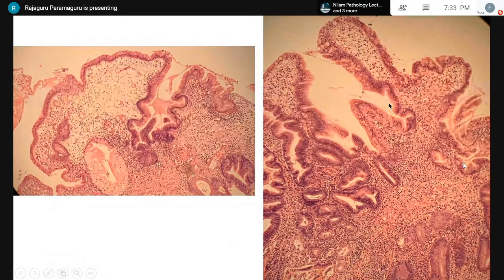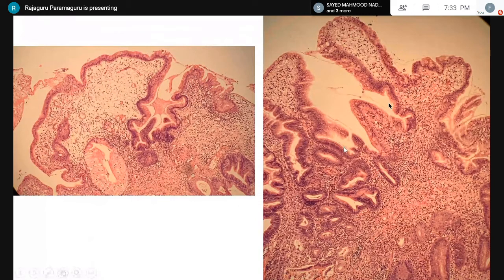Again, the same you can see over here. One thing to note is that you see a lot of changes in the nucleus. The nuclei of these foveolar epithelial cells look stratified, and though I've not put up a high power image, they show a lot of vesicular chromatin with nuclear prominence. So it is not uncommon to find reactive changes in a hyperplastic polyp.